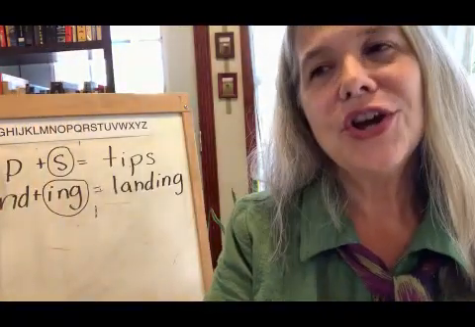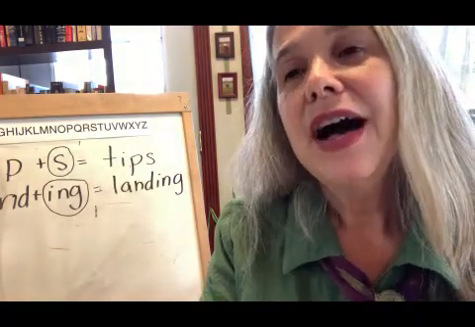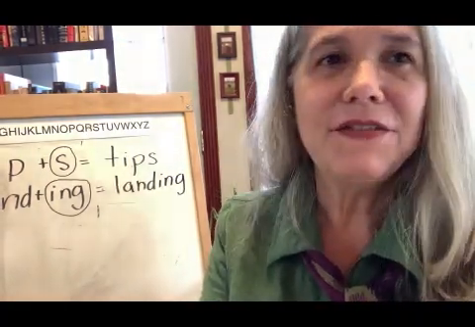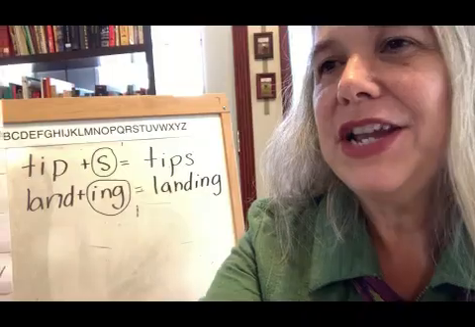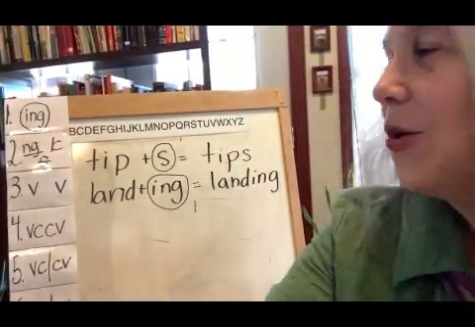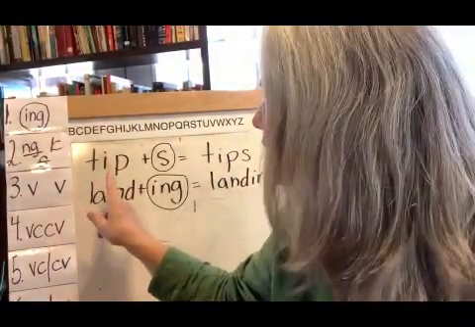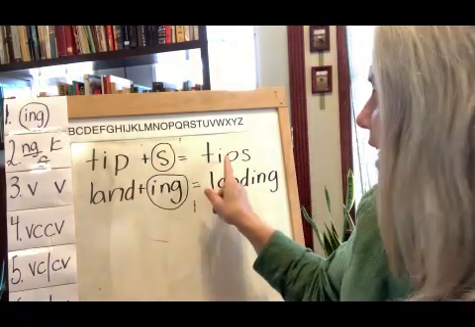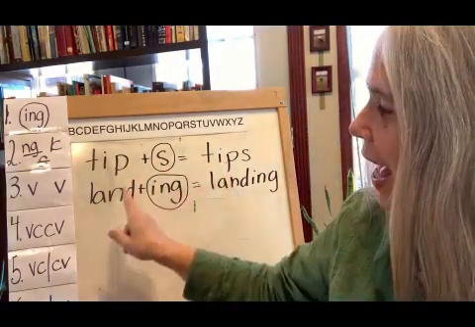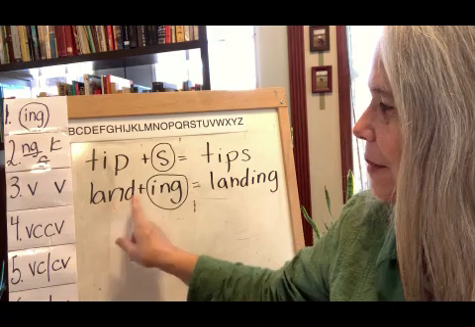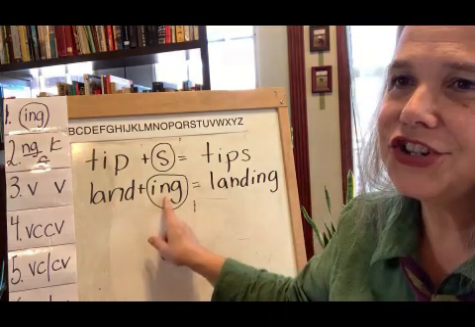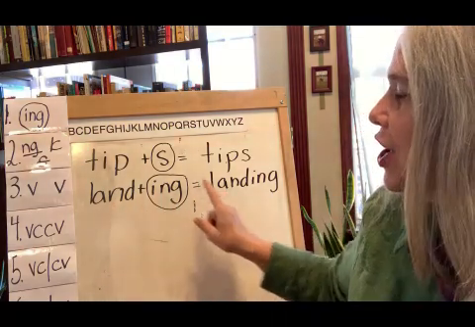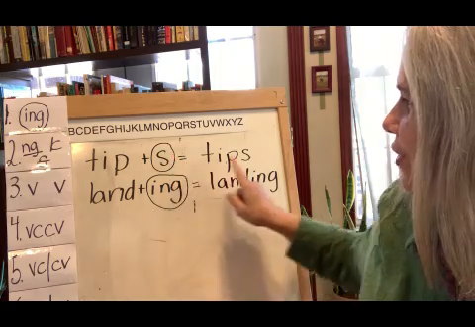Now, I'm going to show you two base words plus suffixes I have written down over here. We have our base word tip plus suffix S, which gives us tips. We have base word land plus vowel suffix ing, which gives us landing. Notice how the suffixes are spelled.